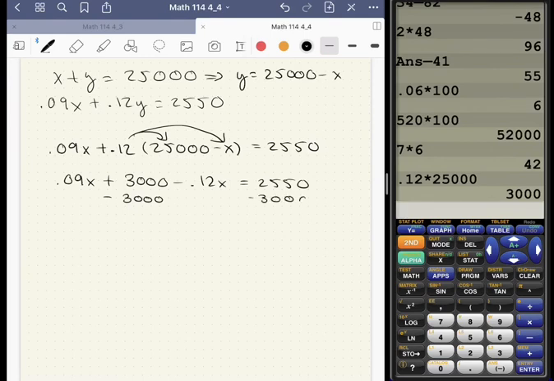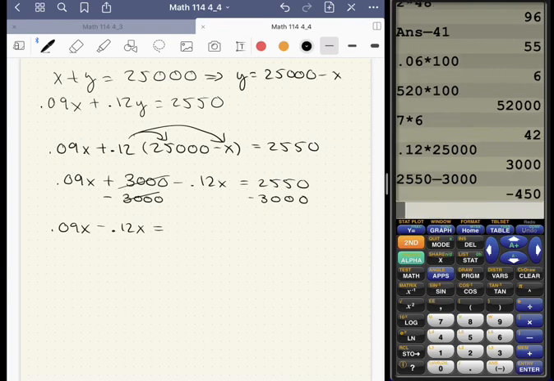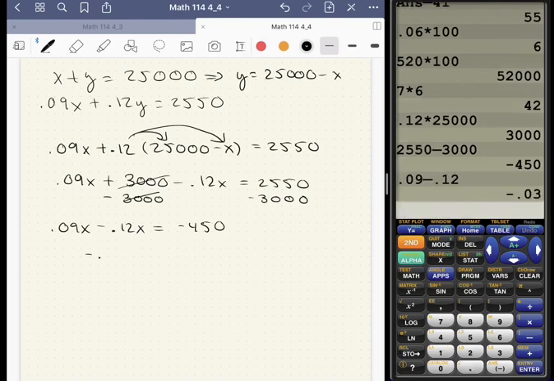Subtract 3,000 from both sides. So I have 0.09x minus 0.12x is equal to 25.50 minus 3,000, which is negative 2,974.50, and 0.09 minus 0.12 is negative 0.03x is equal to negative 2,974.50. Divide by negative 0.03 on both sides.